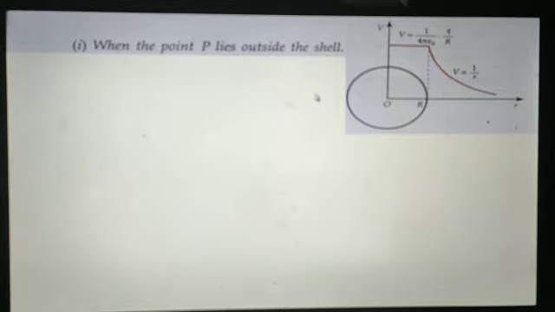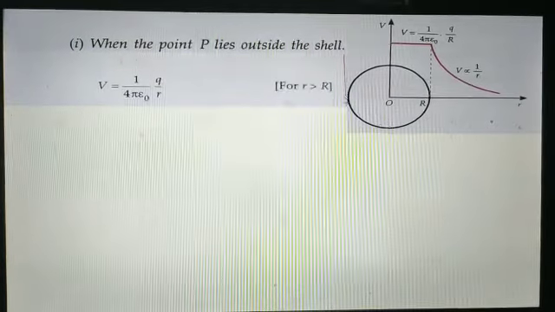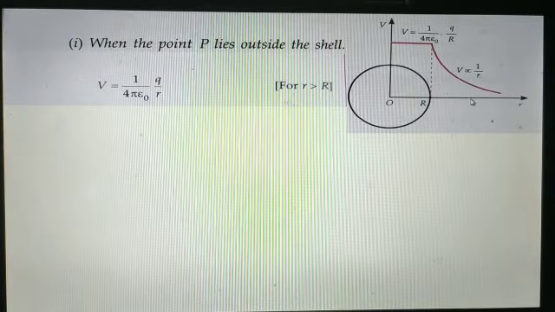If we choose a point outside the shell, then this shell will simply behave as a point charge situated at the origin, because we have done the expression for finding an electric field outside a sphere which is hollow from inside, and we have seen that the sphere behaves as a point charge placed at the center. The same will be the case for potential also.